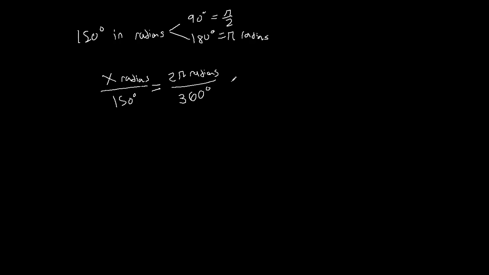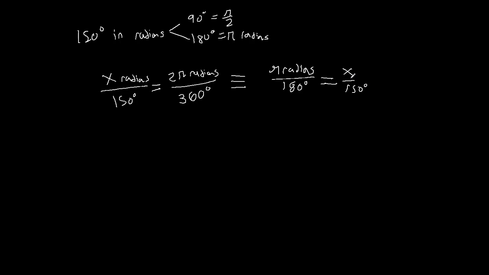So now we're going to reduce this side, because 2 pi radians is the same as saying pi radians is 180 degrees, right? Which we know is true from here. I just did the reduction here. So we have pi over 180 equals x over 150.